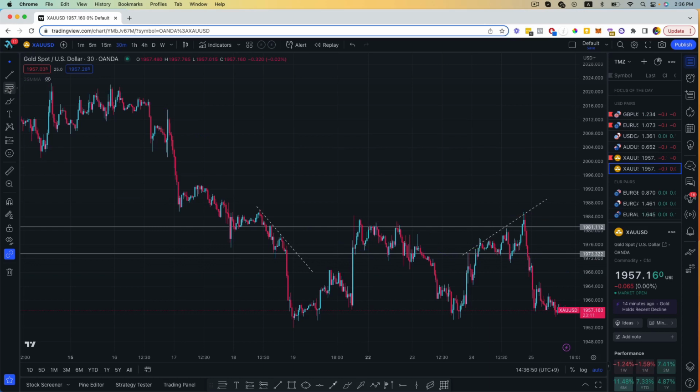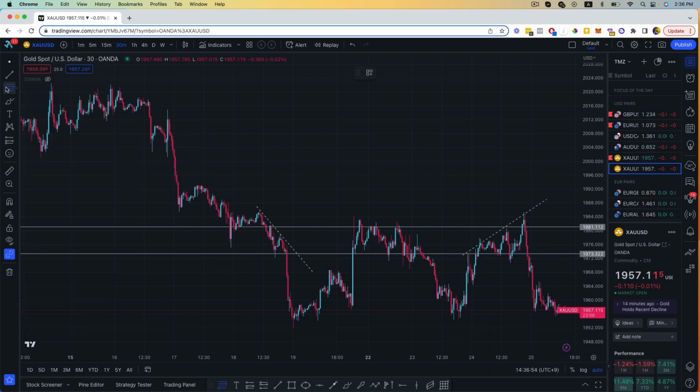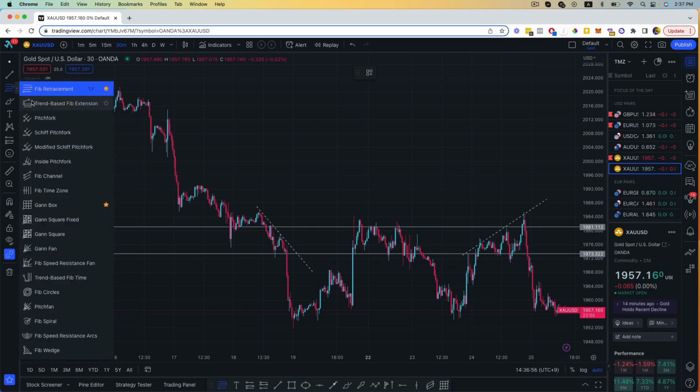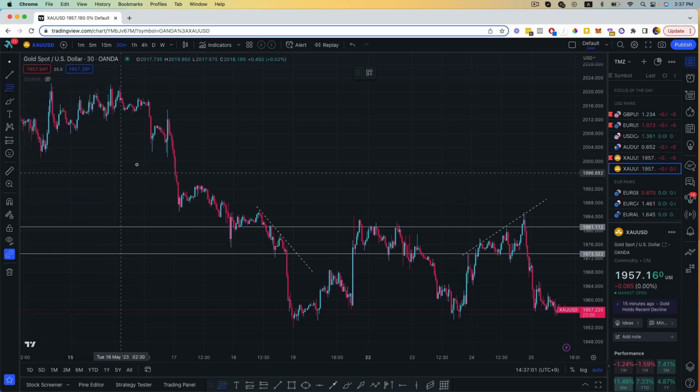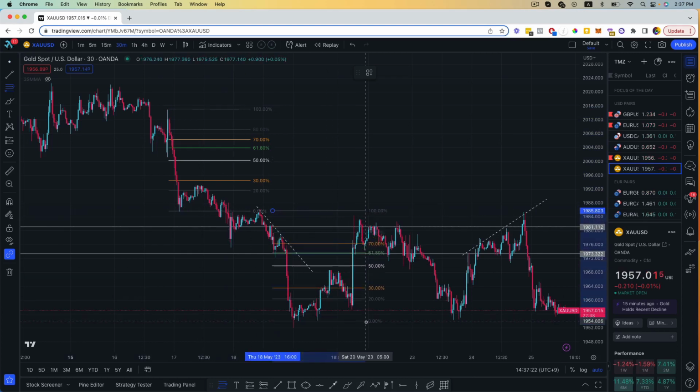And then we also have the fib levels right here, fib retracement, which is represented by this icon right here. We can draw the fib retracement over here from swing high to swing low. And then you can see that close to the 30% mark, we have a resistance. And once it hit this resistance, it's going down. We'll talk more about the fibs because it's really important as well.